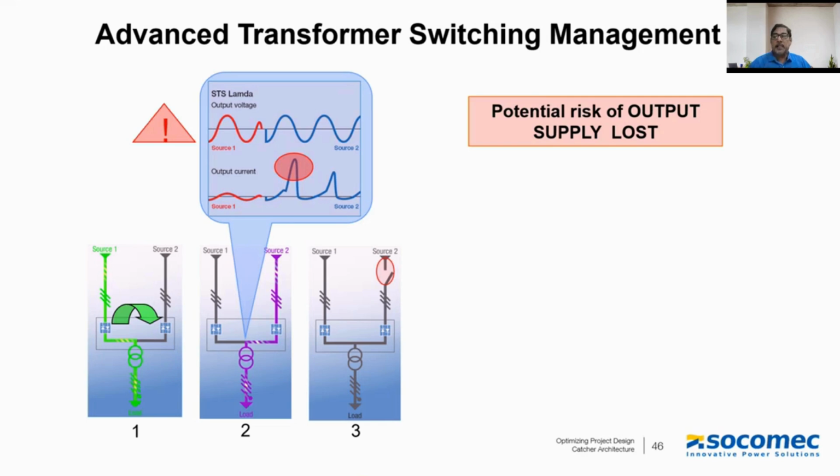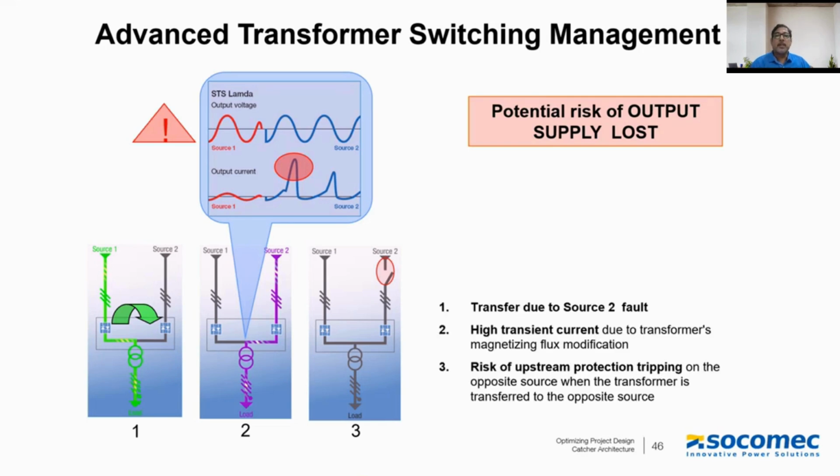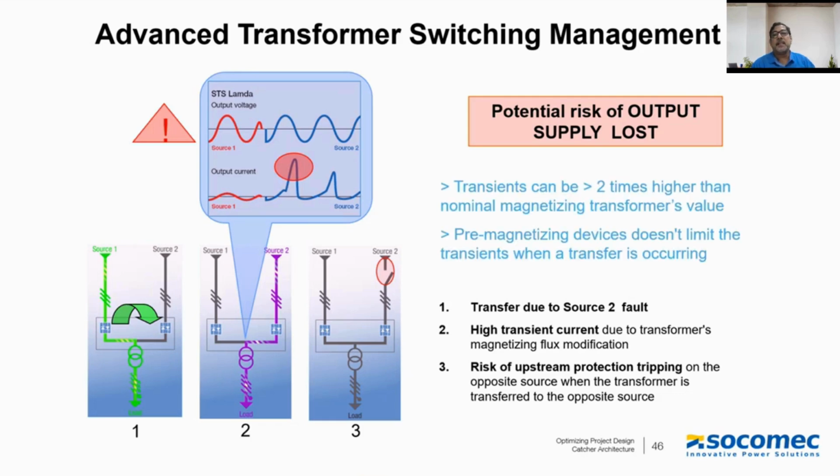This typically leads to high currents drawn by the transformer during the changeover. As you can see in the illustration, this magnetizing current can at times be quite high, and it can be detrimental, creating a risk of tripping the upstream protections.